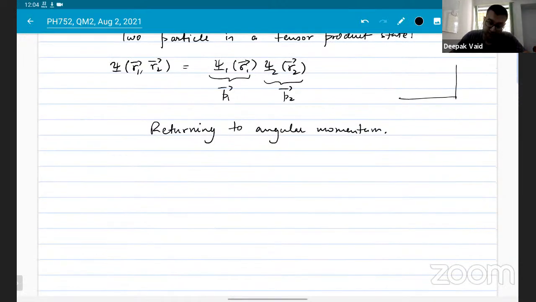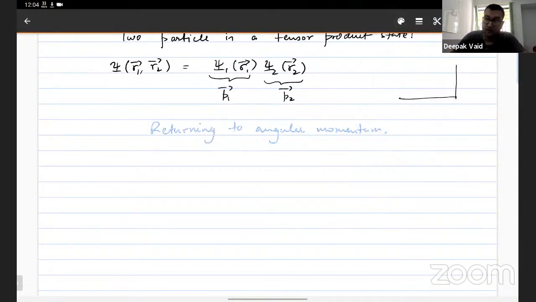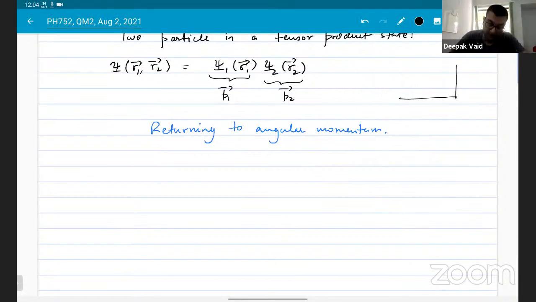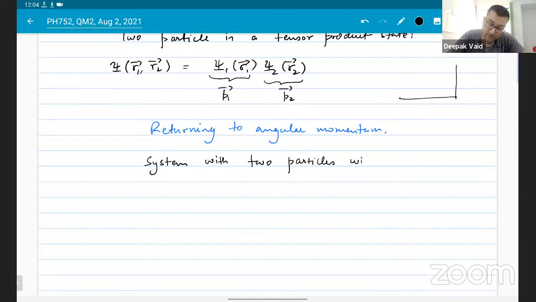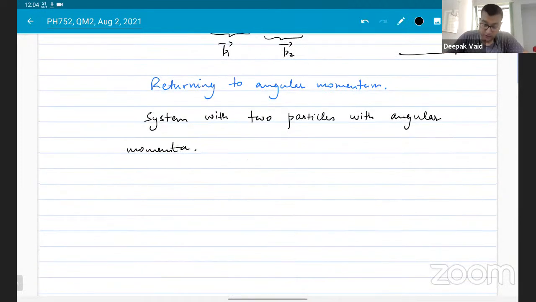So returning to angular momentum. All right, so now we look at what happens if we have a system with two particles with angular momentum. So how do I describe a single particle with angular momentum?